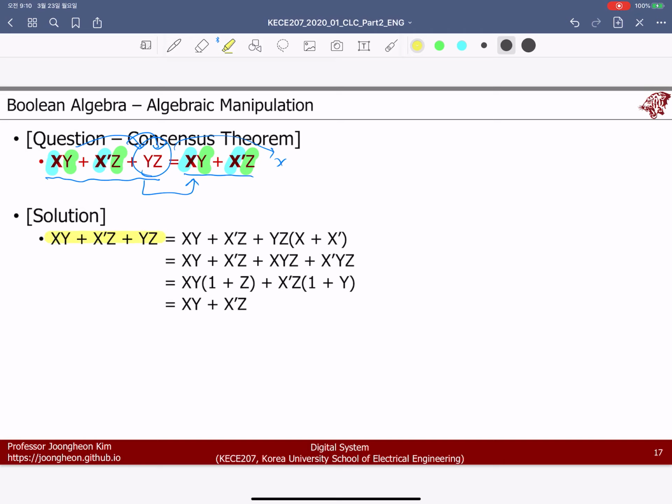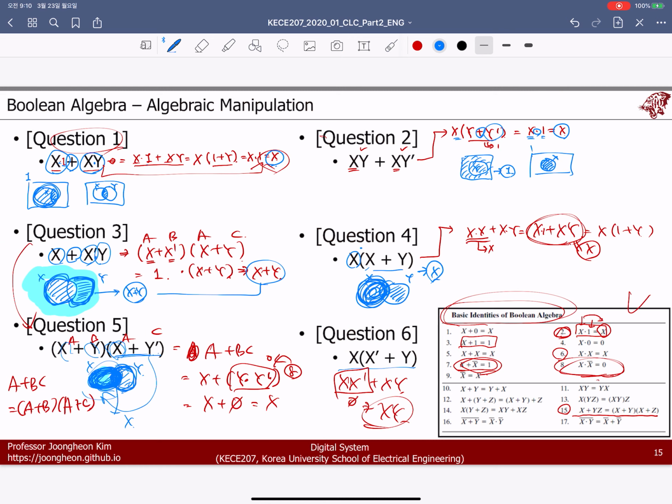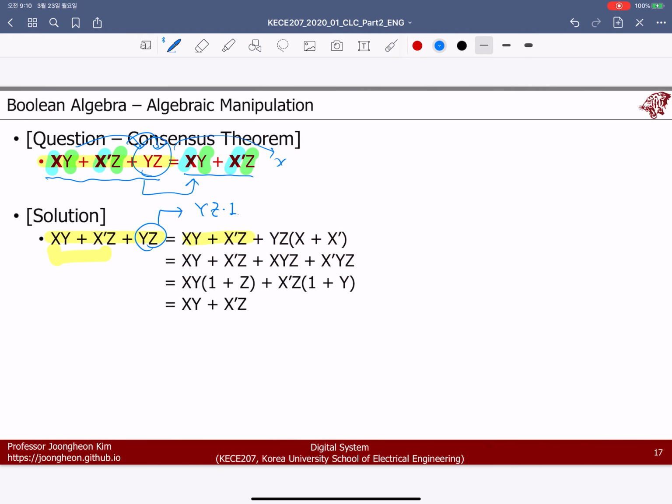Okay, this is our given equation, and then for the first two, you have the first two, so this becomes yz dot 1. Okay, this is by number 2. And then by number 7, the 1 can be x plus x prime, right? That's why this becomes this one.